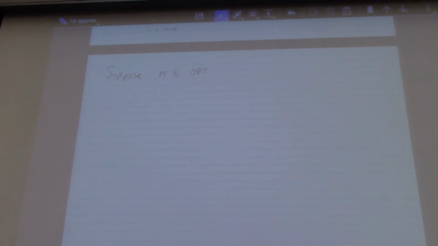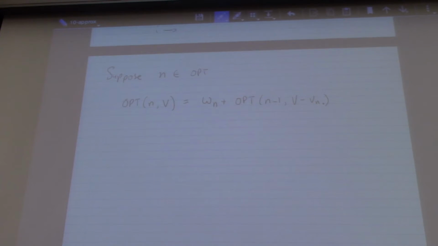Opt(n, v) is going to be equal to w_n, the weight of this, plus... If the last item happened to be in the set, then of course that weight contributes to the total weight.